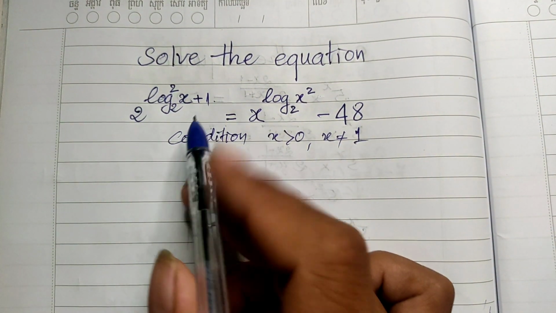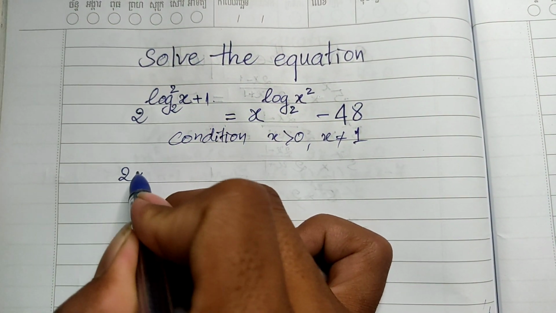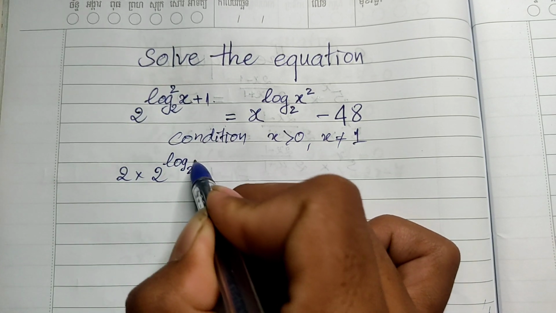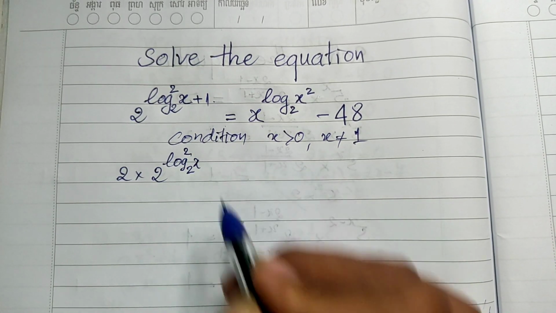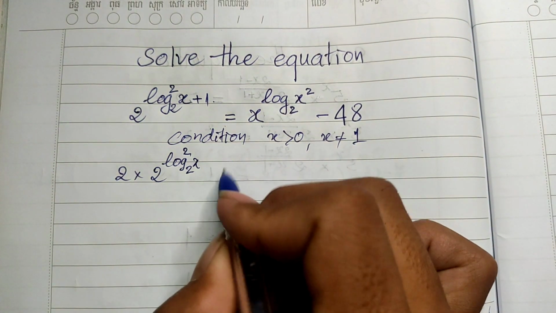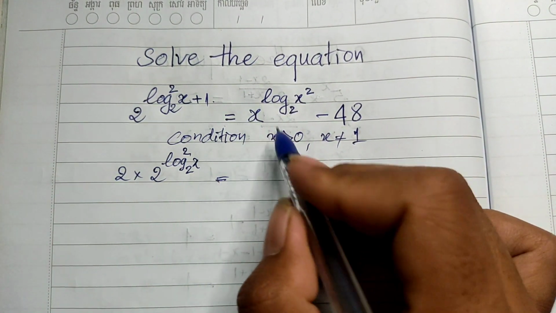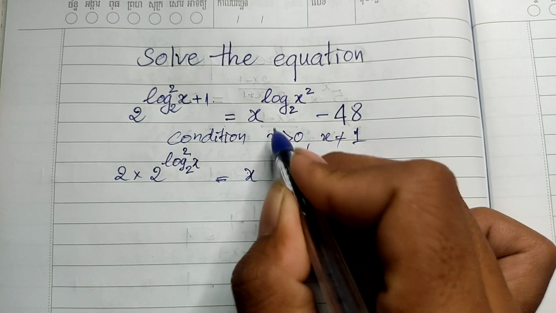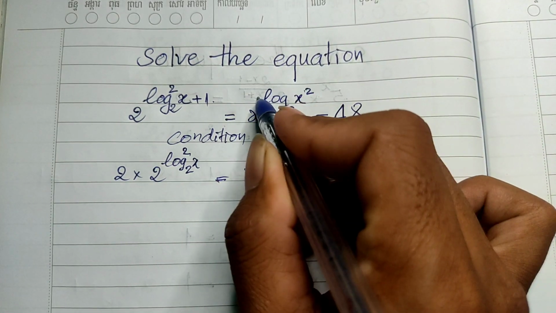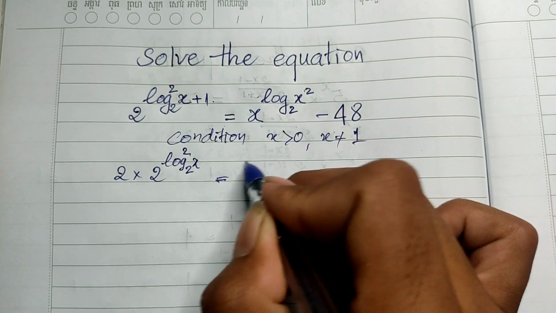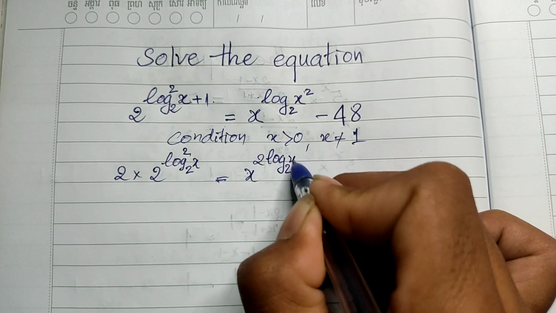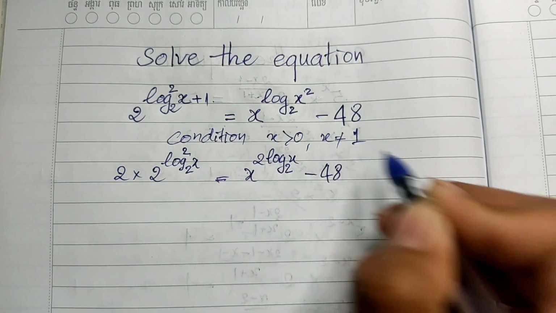So for this equation, I can write it as 2 multiplied by 2 to the power log₂(h) all squared, equal to h, and this I can change to bring the exponent in front of the log, so I get 2 to the power log₂(h), minus 48.